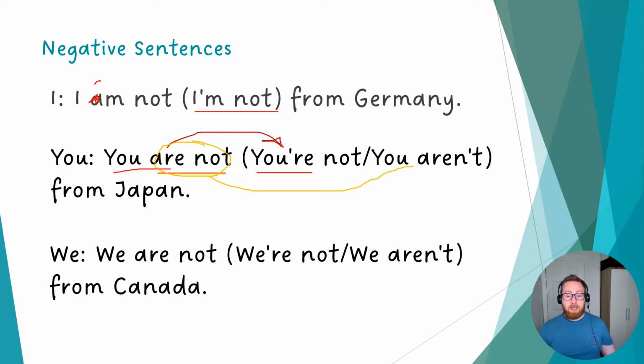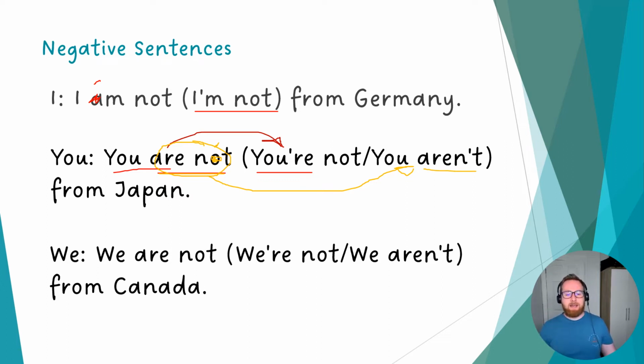We can say you aren't. In the same way, we can go you aren't, and we take away the O, put an apostrophe, you aren't from Japan.